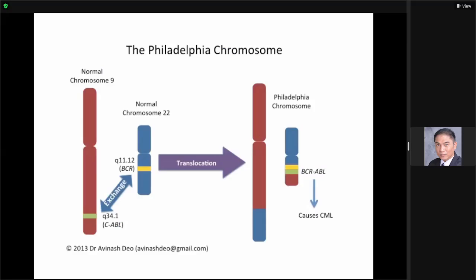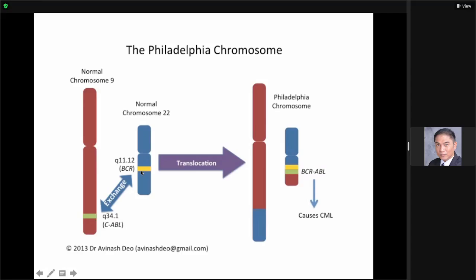You have here chromosome 9 and chromosome 22. There will be translocation here, but the translocation will not involve both the BCR and ABL gene. Hindi. Kasi BCR will stay in chromosome 22. Magsistay siya sa chromosome 22. So, ang ABL ang lilipat.